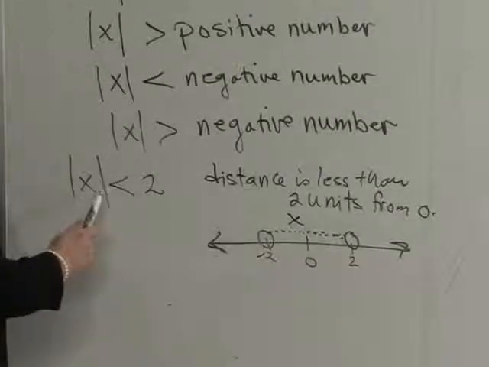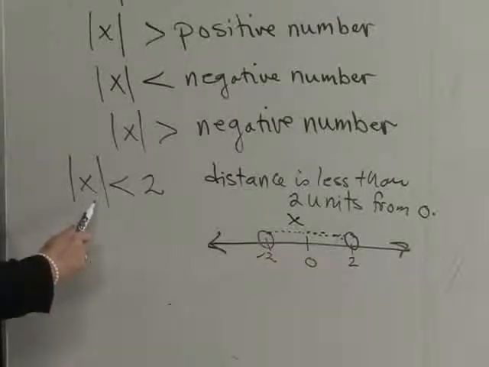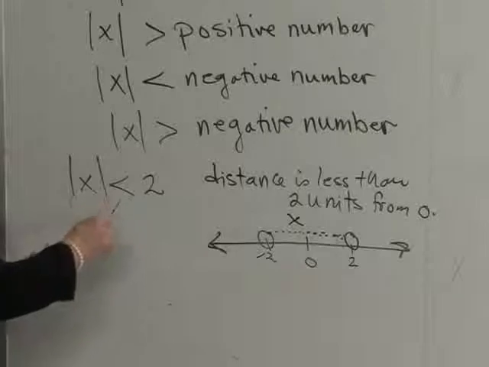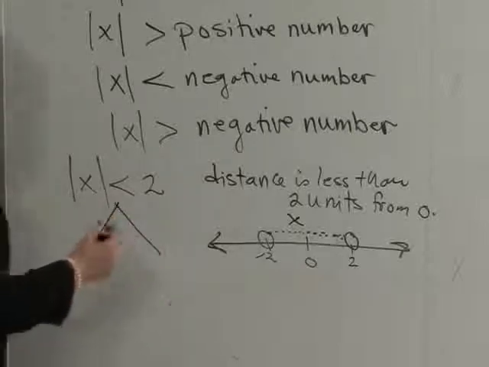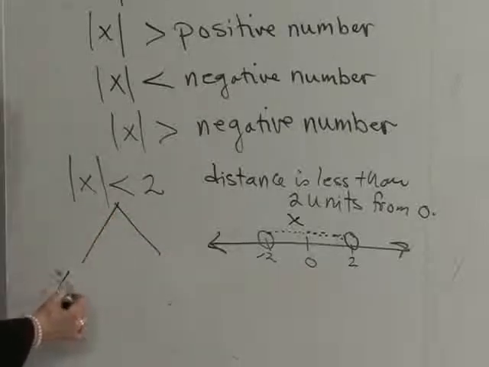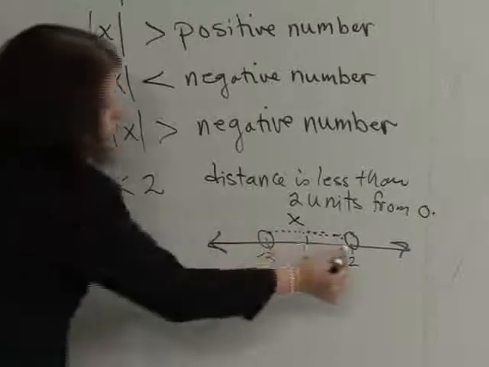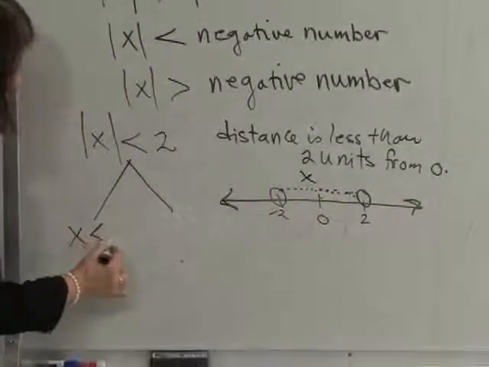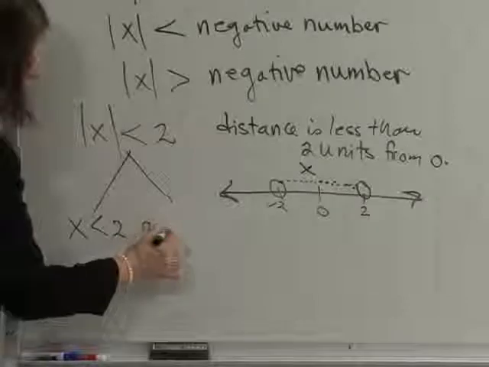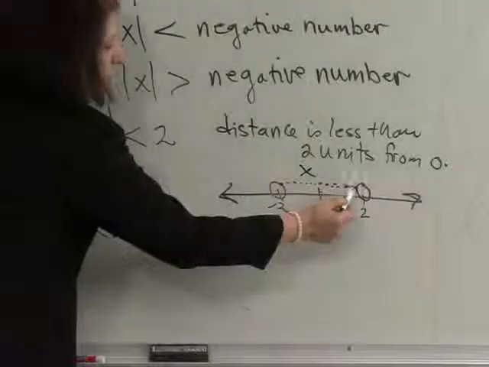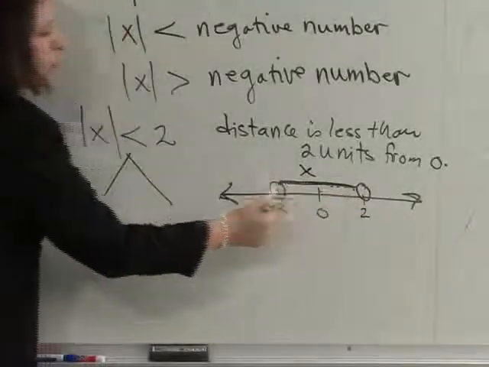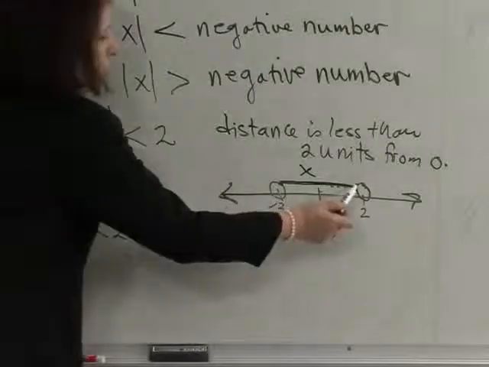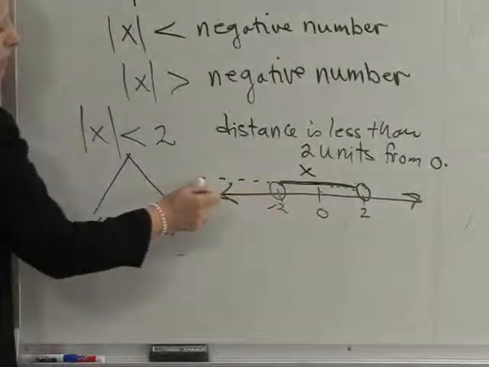Notice that we can translate this to a compound inequality. The translation is x has to be less than 2, and because I'm looking at an intersection between two sets, if you go less than 2, you're going all the way there.